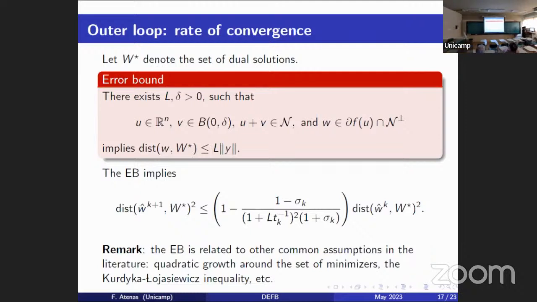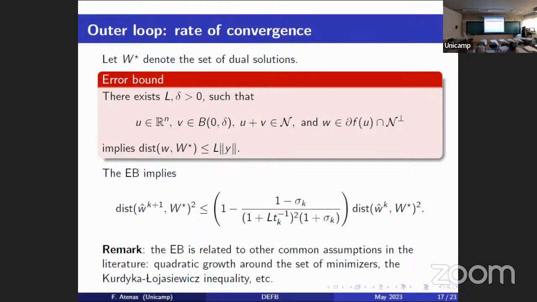Well, the error bounds in general are satisfied, for example, for linear problems or some quadratic problems too. I also mentioned that error bounds are related to the variational inequality, and actually another regularity assumption implies the variational inequality.